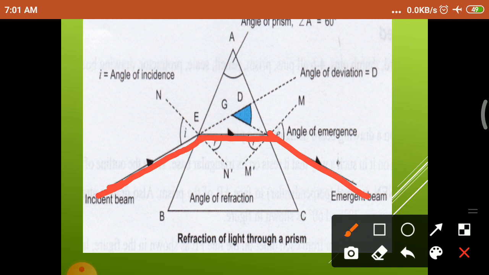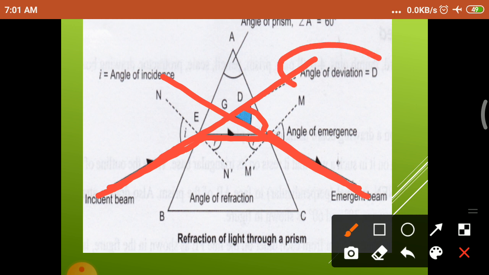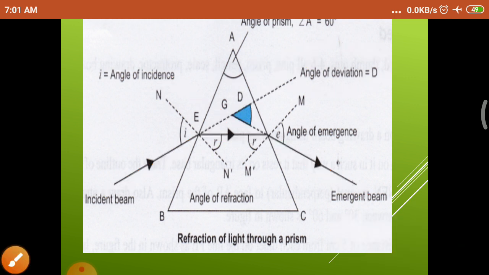If I draw the incident ray forward and the emergent ray backward, these two rays meet at one point and make some angle. That angle is called the angle of deviation. This is the angle of prism. So when you are drawing the diagram, first you draw this triangular shape and give the names A, B, C and write that it is a glass prism.